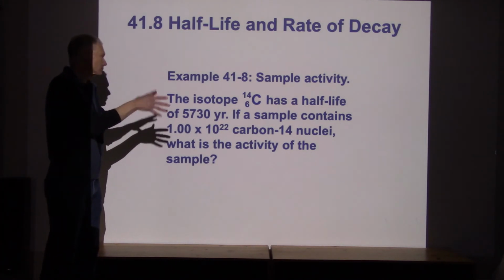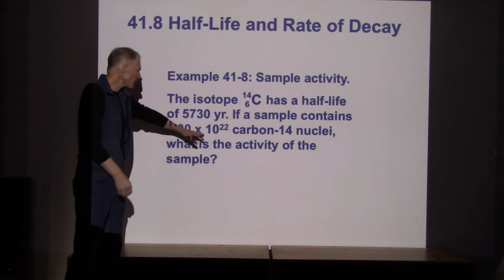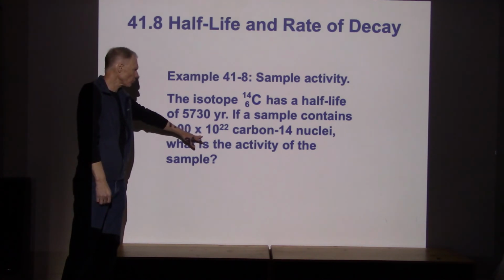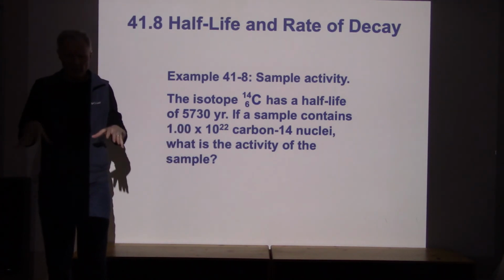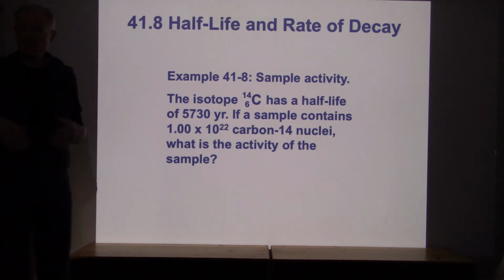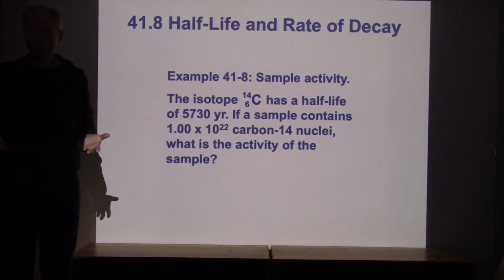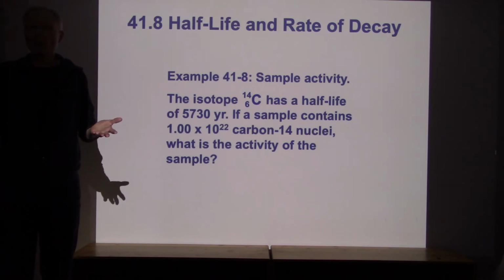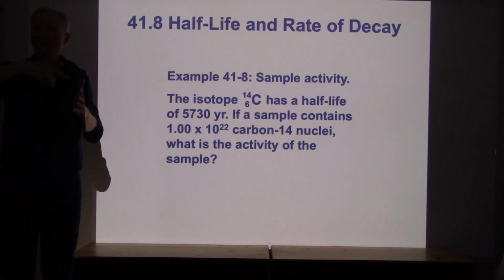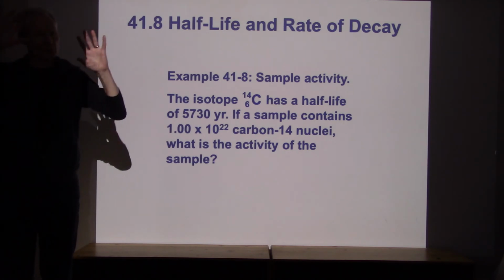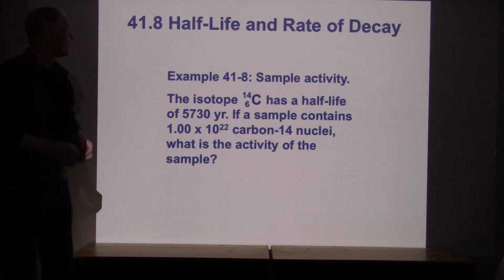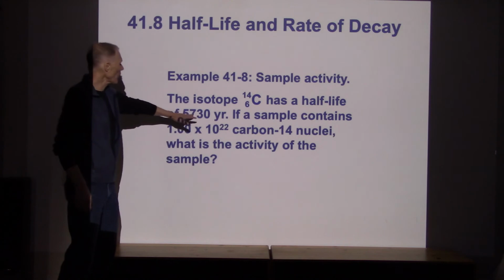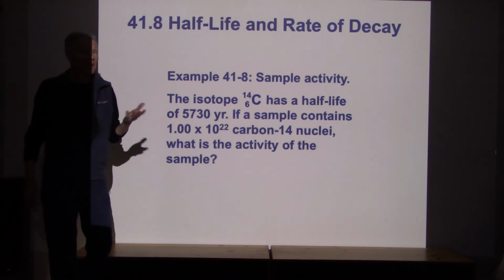First thing we should point out, this is a very concentrated sample of carbon-14. We have a very, very large number of carbon-14s, and apparently the sample has been purified. So somehow we've used a mass spectrometer or something. We've actually sorted out all of the carbon-14s and grouped them together. Now, the carbon-14 has a long enough half-life, we could actually do that.